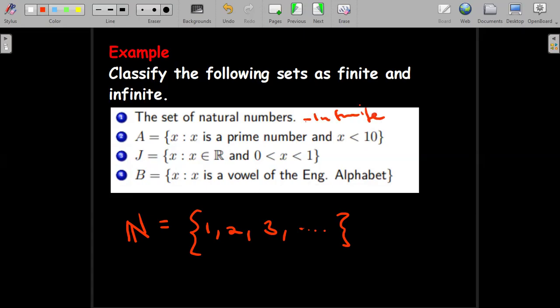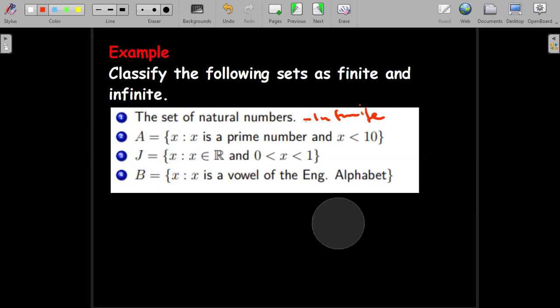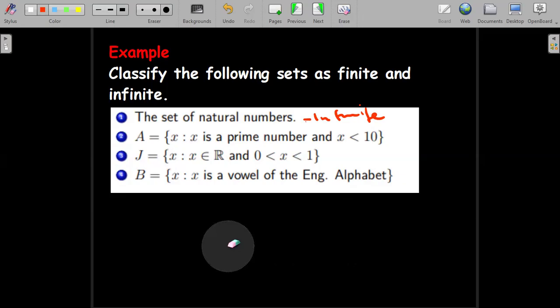Then we have the second one. The second one says set A is a set of x such that x is a prime number and x is less than 10. If it's a prime number, it only has to be divisible by itself and 1. They're telling us that it's less than 10, so we just list prime numbers that are less than 10.